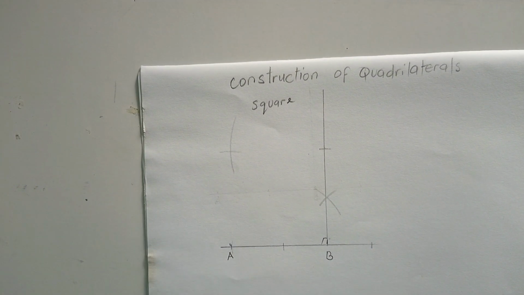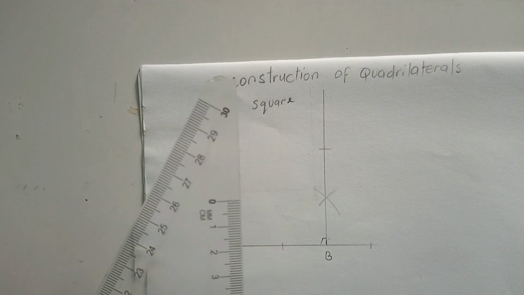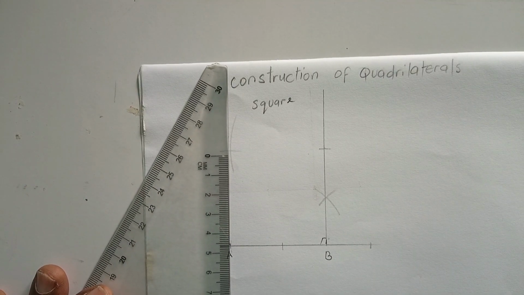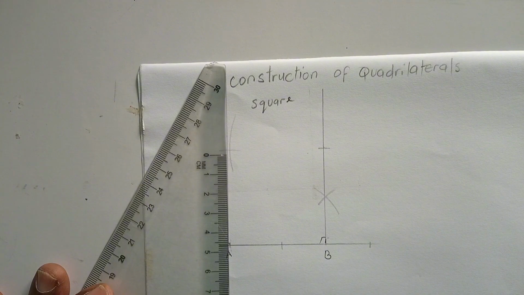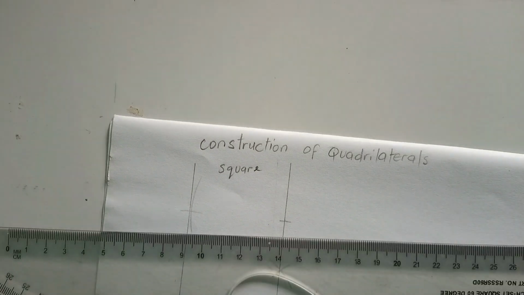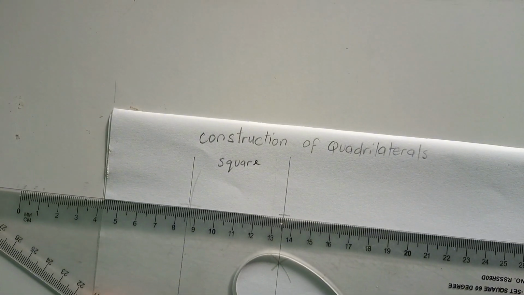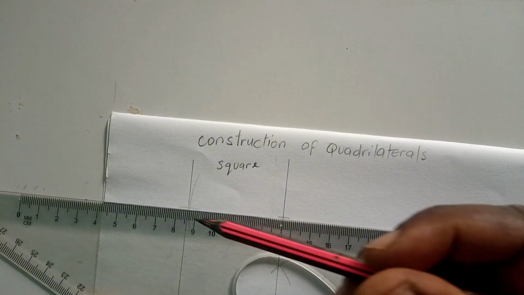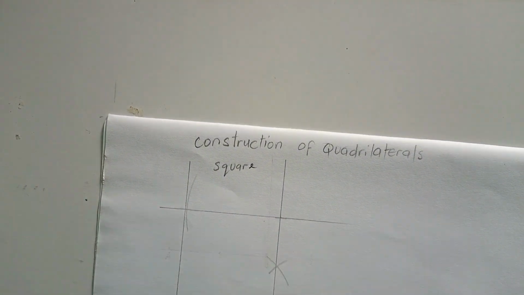And then accurately we join the points with the use of our ruler. Draw a perpendicular line at that point. And then we also draw parallel at this point.